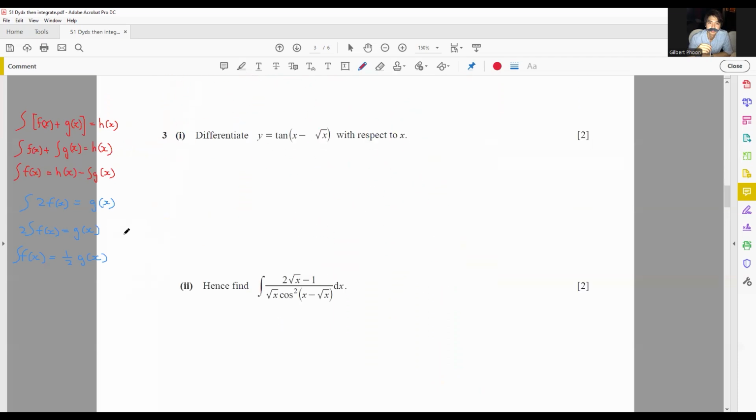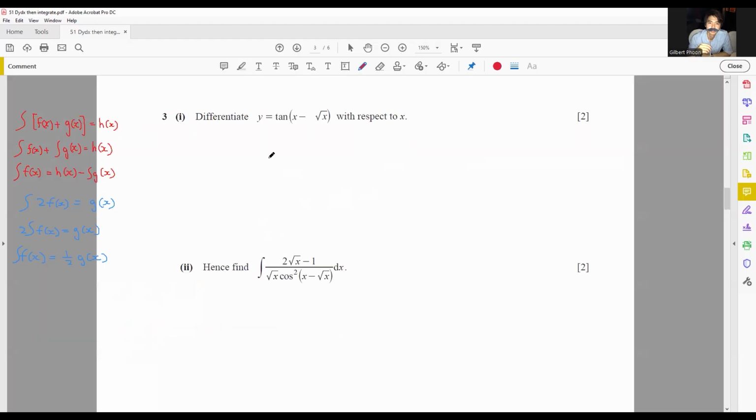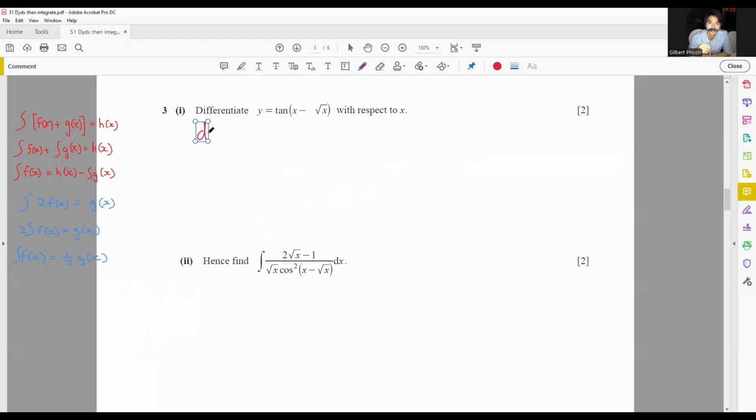Okay, next question. Differentiate tangent x minus square root of x with respect to x, then hence find, right? So as usual, what we're going to do is differentiate this. dy over dx is equal to, differentiating tangent, you get secant squared. Then the same thing on the inside, x minus root x. Then what's going to happen is we're going to bring the differentiation of this function on the left-hand side here.